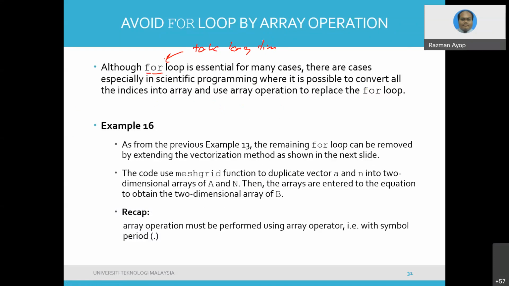And if you can creatively create an array operation to do the loop, okay, better you use this one. Okay, so how to do this? So I give you example 16. So basically example 13, repeat back again. Okay, you use mesh grid. Okay, what it means by mesh grid?